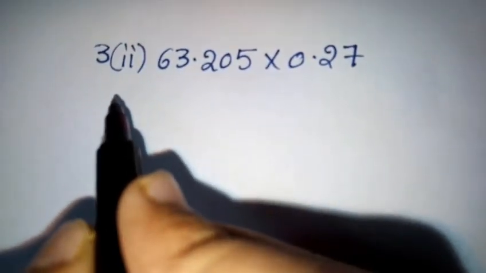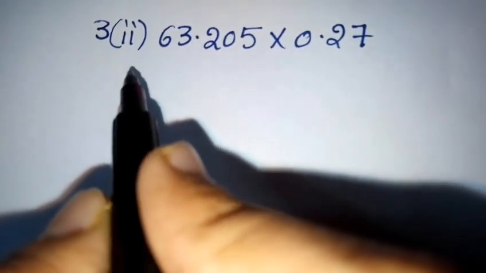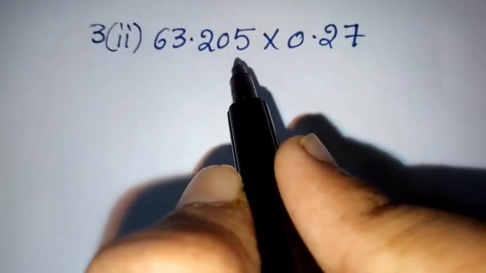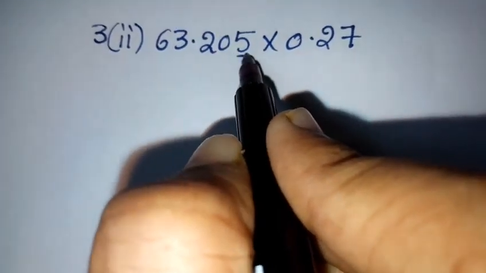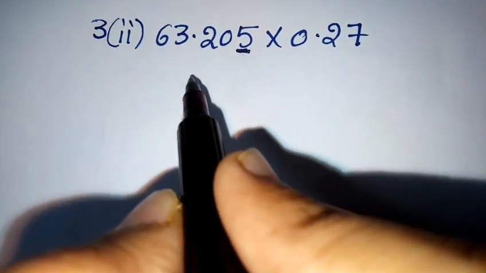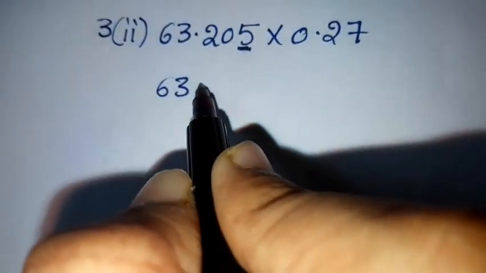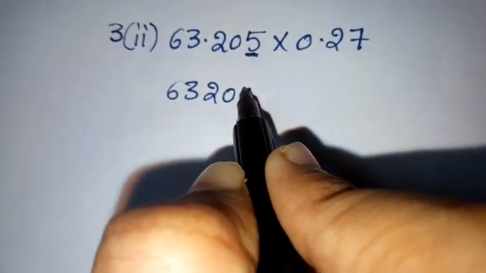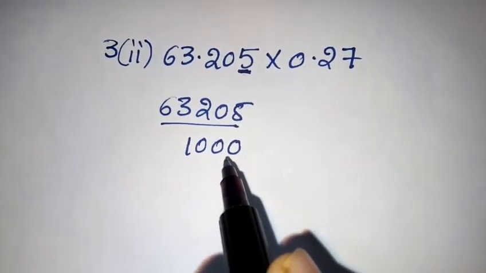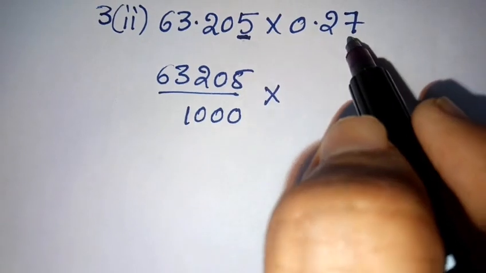Next problem, third Roman, second one: 63.205 into 0.27. In 63.205 the last digit is 5. The place value of 5 is thousandth, thousandth meaning 1 by 1000. So remove the decimal point and write the number 63205 divided by 1000. Why? Because the place value of 5 is thousandth. In 0.27 the last digit is 7.